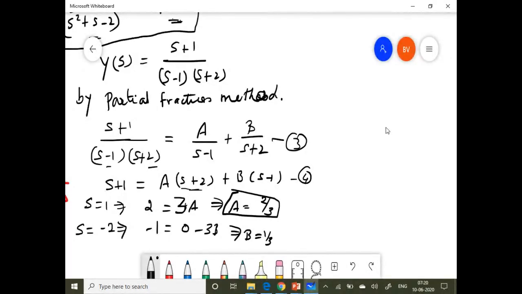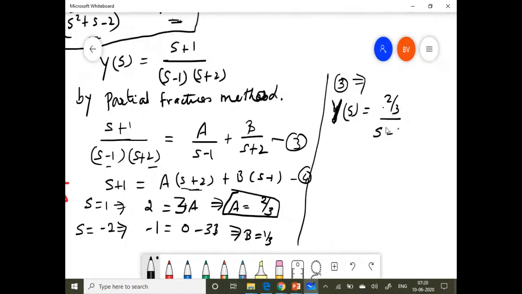So when you substitute the values of a and b in equation number 3, capital Y of s comes to a, which is 2 over 3, divided by s minus 1, plus b, which is 1 over 3, divided by s plus 2.